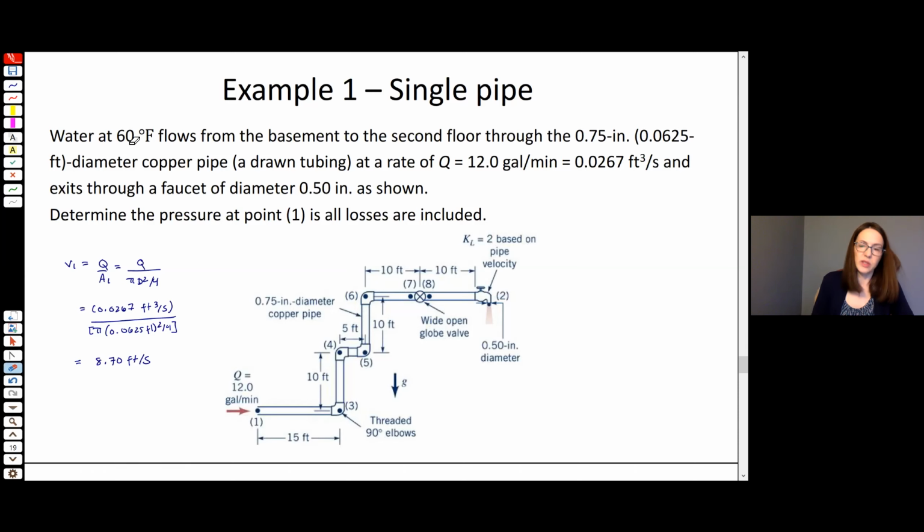Now, it's important that they told us it's water at 60 degrees Fahrenheit. That's not quite standard temperature and pressure. So we're going to consult table B1 to find the values of density and all the properties for water at 60 degrees Fahrenheit. So the density is 1.94 slugs per cubic foot.